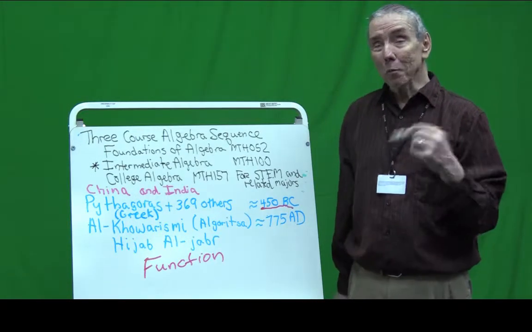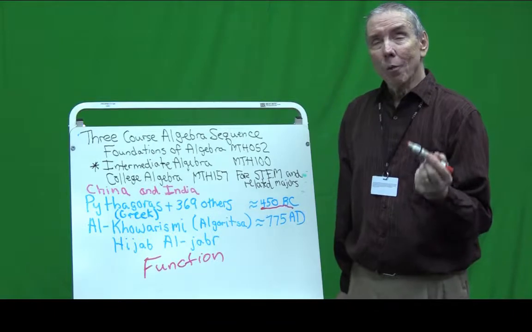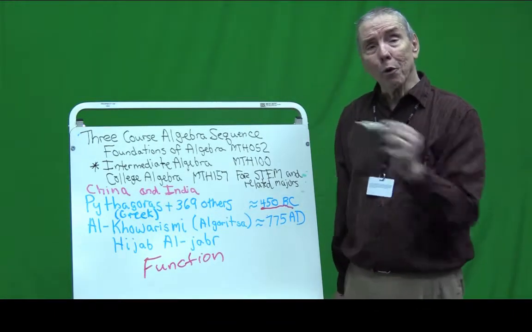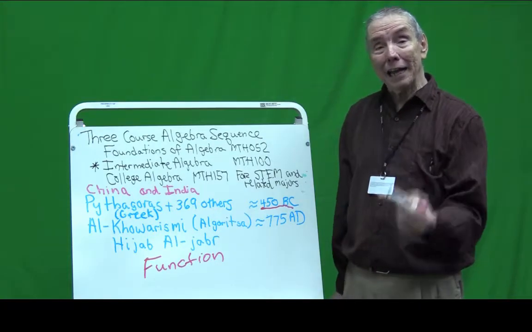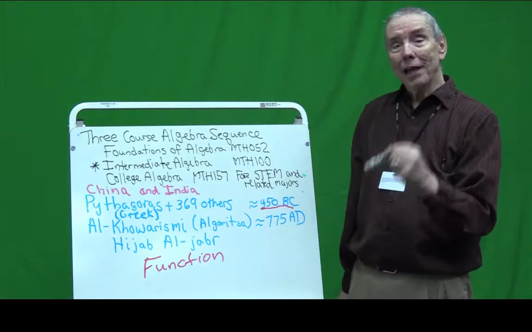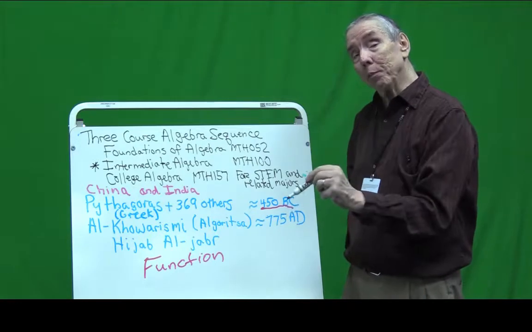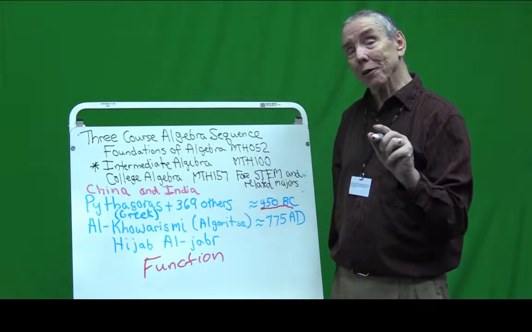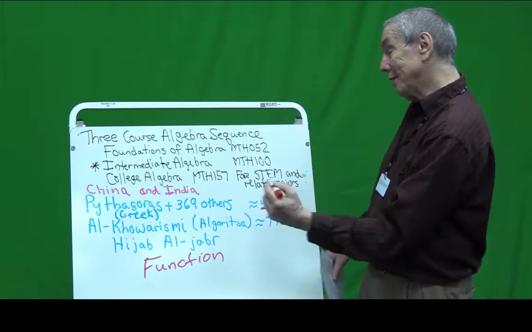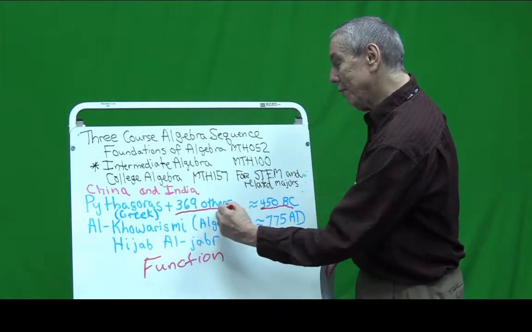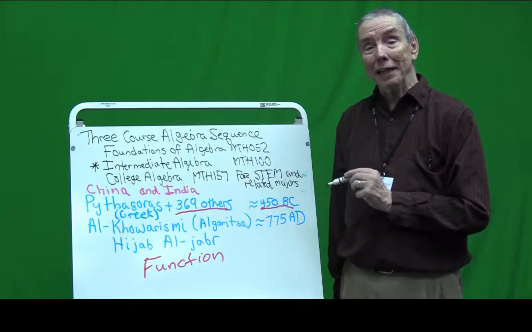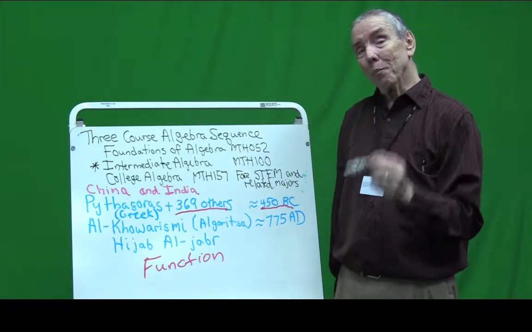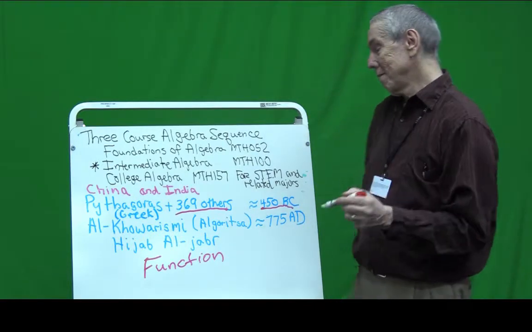Interestingly enough, and you might wonder about this, why do mathematicians, if they've proven something, want to prove it again and again and again? This theorem has been proven by more people in different ways than any other theorem in the history of math. Up until the present time, there have been 370 different proofs that have been published for Pythagoras' theorem.